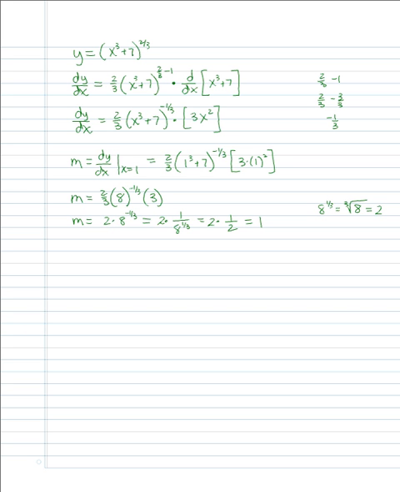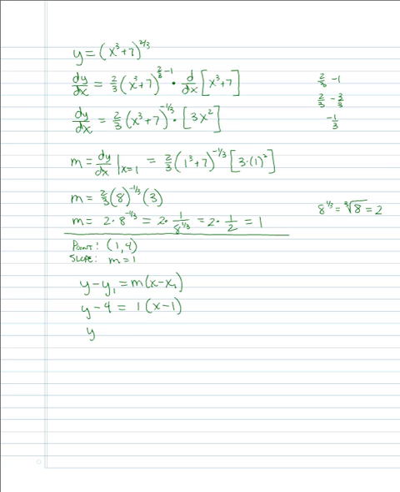Okay, now let's kind of summarize where we are. We found out that the point that we're going to use, a moment ago, we found out that the point was what? (1, 4), and now we know that the slope is 1. So when we plug into y minus y sub 1 is equal to m times (x minus x sub 1), our y sub 1 is 4, our slope m is 1, and our x sub 1 is 1.